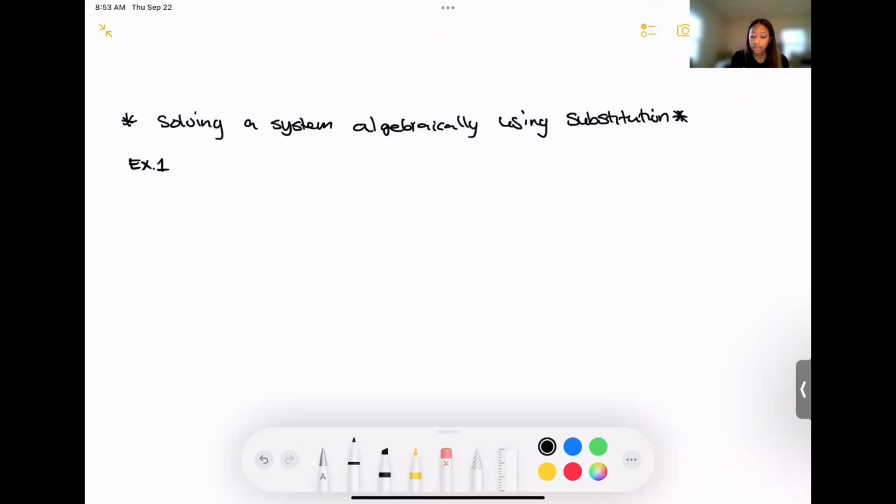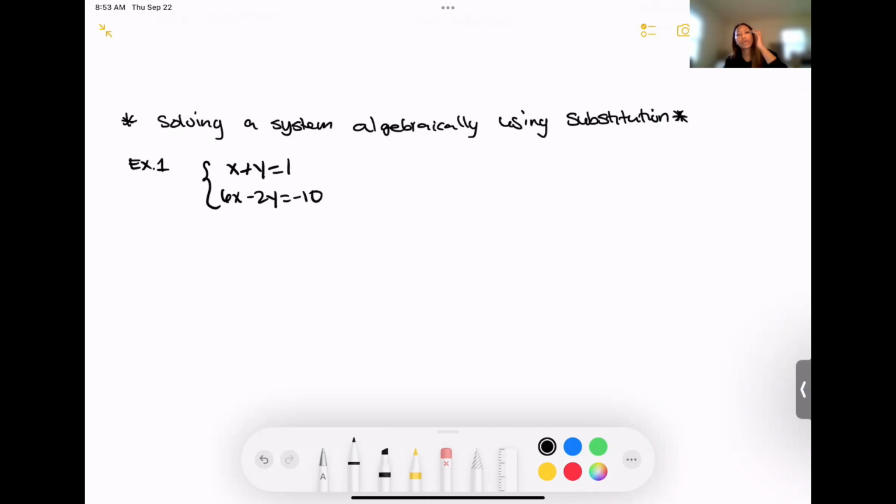All right, so the first system we're going to try to solve algebraically using a method called substitution will be x plus y equals 1 and 6x minus 2y equals -10.